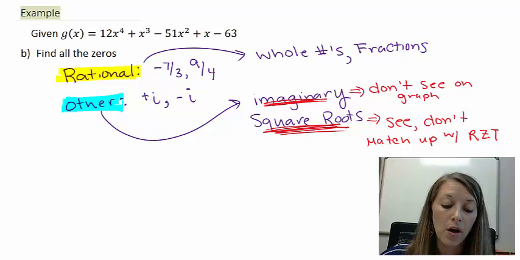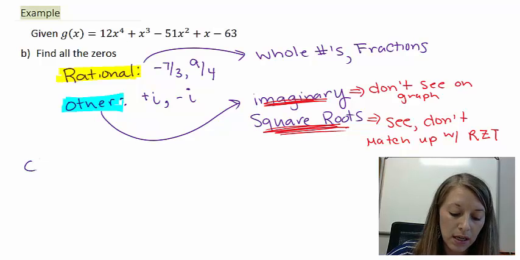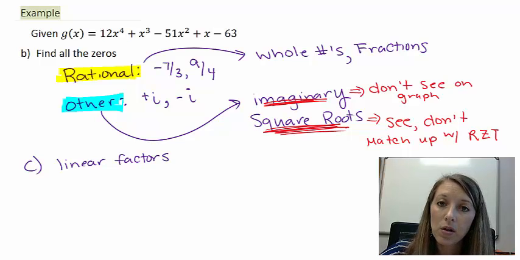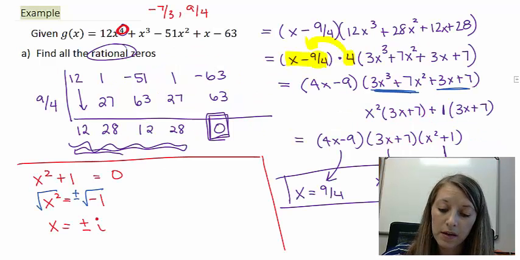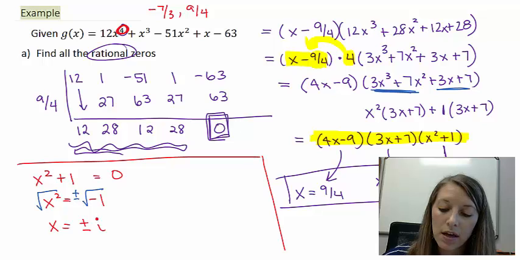Okay, so we found all of the zeros here, and now what we wanted to do in part C is we wanted to factor these in linear factors. Now we did a lot of this work previously, so we had this done here. We factored it into this factor, okay, but now we need to factor this piece a little bit farther because it's not linear, it's degree 2.